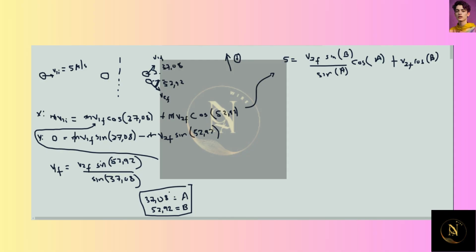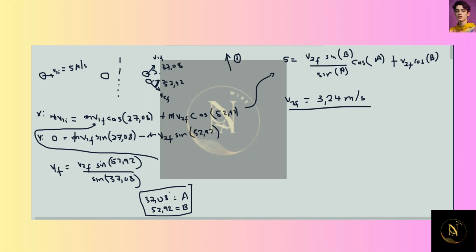Notice you can find all of these except for v2f, which means from this expression you can calculate v2f, because the only unknown is v2f. If you simplify this, calculating this whole fraction and this whole fraction and adding them, you come up with an expression that gives you v2f as 3.24 meters per second.